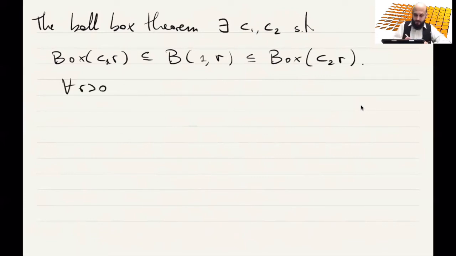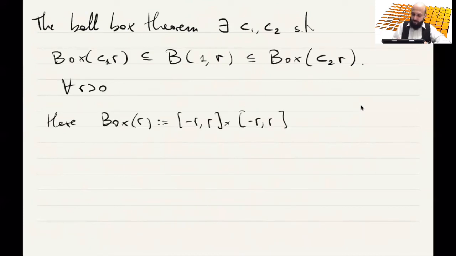Let me recall what the box was. Here, box r is [-r, r] times [-r, r] times [-r², r²]. So this is called the Ball Box Theorem, and we will see some generalization of it.